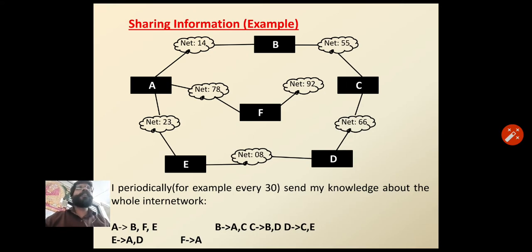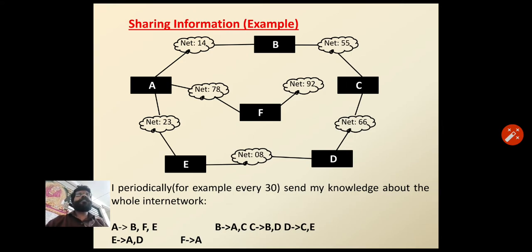Neighbors of B are A and C. So, all the information about the whole network is transmitted to A and C. Similarly, all such routers transmit whatever information they have to their neighbors.